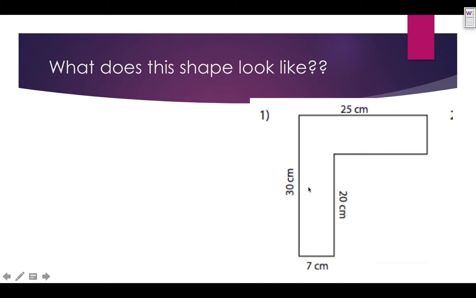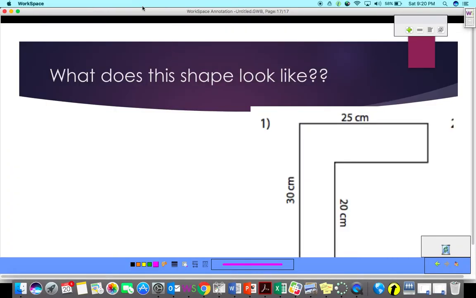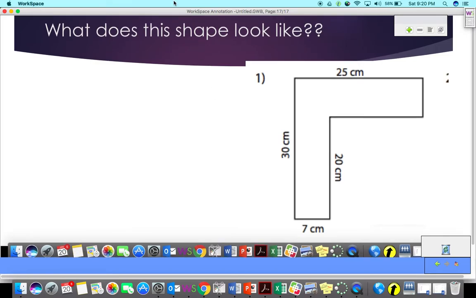When I look at this shape, I see two rectangles. Some people will choose to split these two rectangles vertically, like this. In doing so, they create a long, skinny rectangle right here and another rectangle right here.